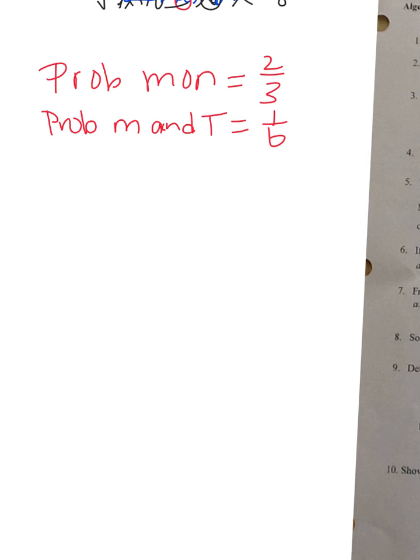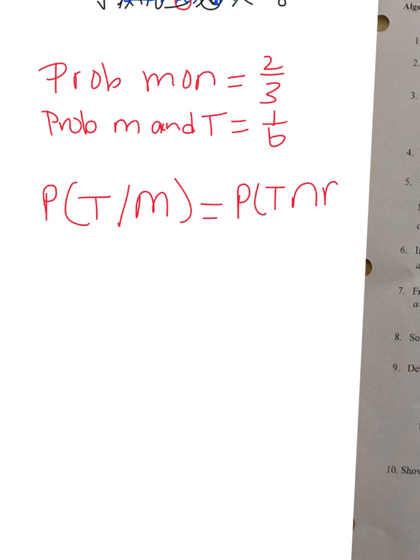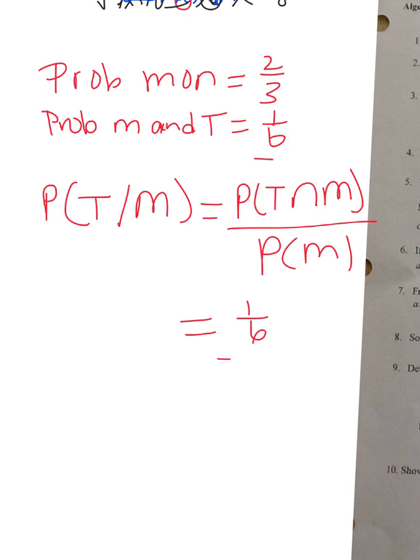So that means they have to win on Monday. So the probability of, given that it's Monday, that they win on Tuesday. That's the probability of T and M over the probability of M. The probability they win on Tuesday and Monday is, that's given, 1/6, over the probability they win on Monday, which is 2/3.